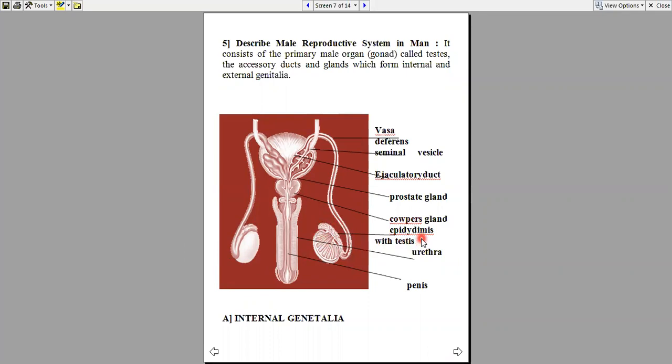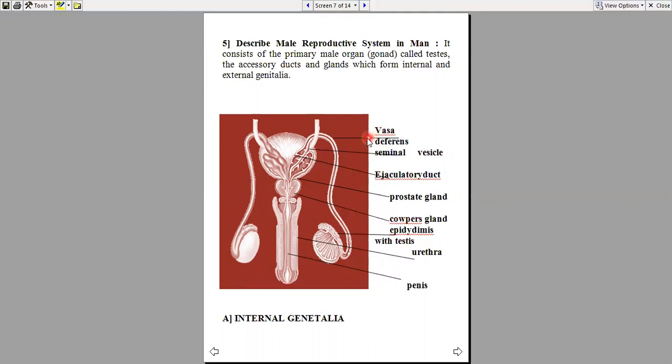This is one of the accessory ducts. Epididymis is further extended upwards up to urethra in the form of vasa deferens. This vasa deferens further joins with a gland called seminal vesicle. But you can see here, before joining with seminal vesicle, vasa deferens joins with ejaculatory duct.